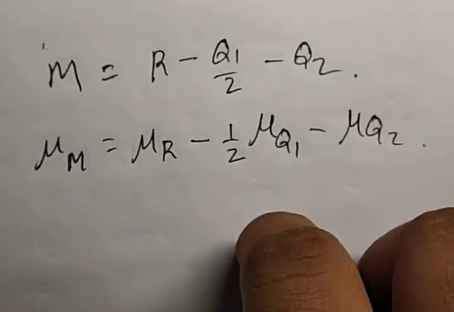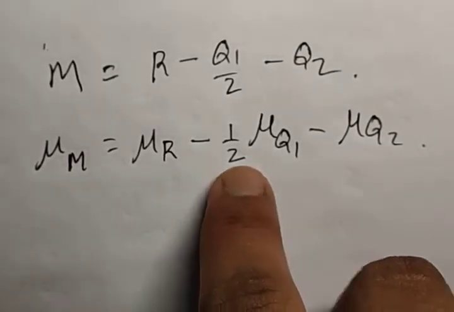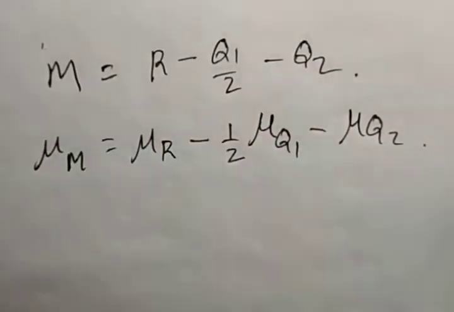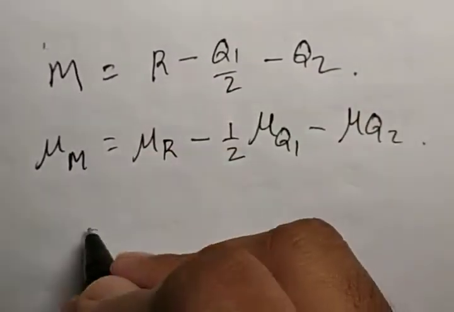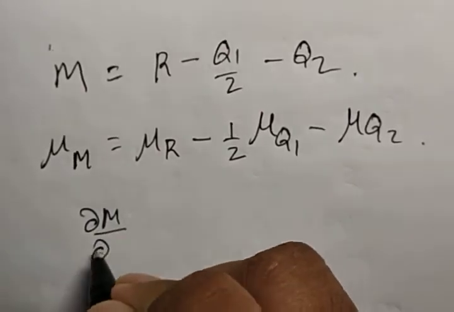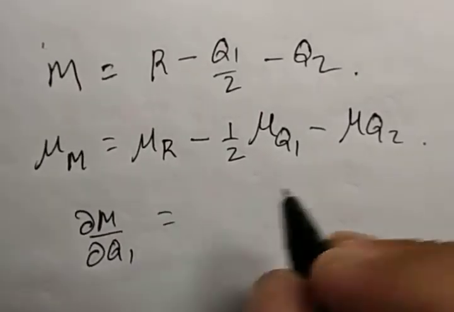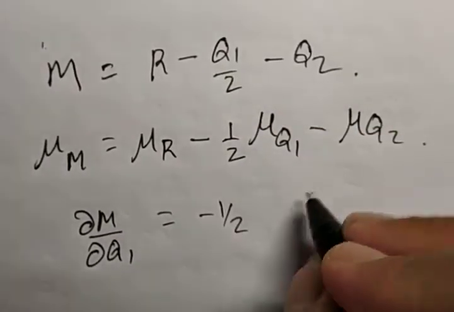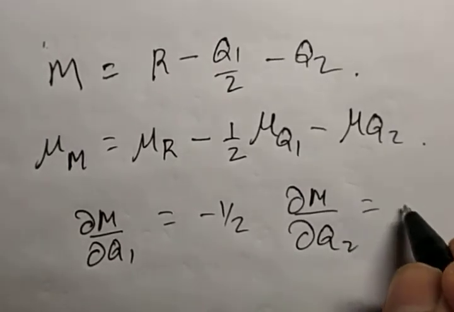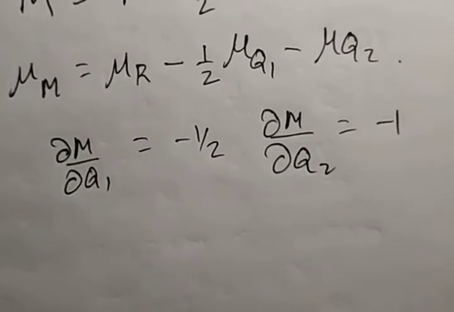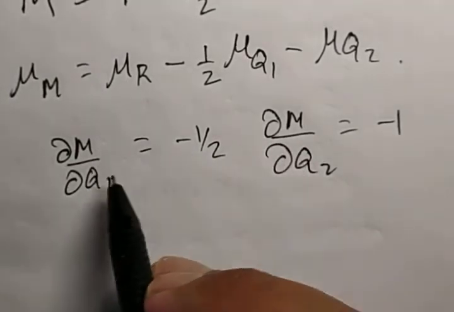Now you see one thing, this half is when I'm taking the derivative of m. How do I get half? If I take the derivative of m with respect to q1, then I'll get minus half. And if I take the derivative of m with respect to q2, I'll get minus 1. This is where I use a Taylor series expansion.